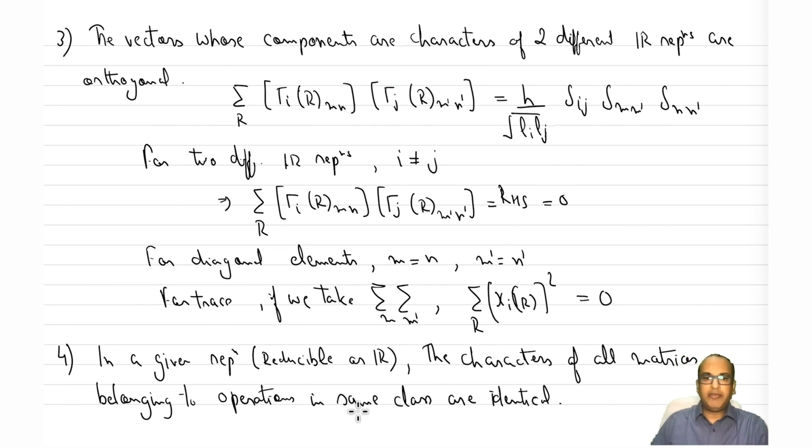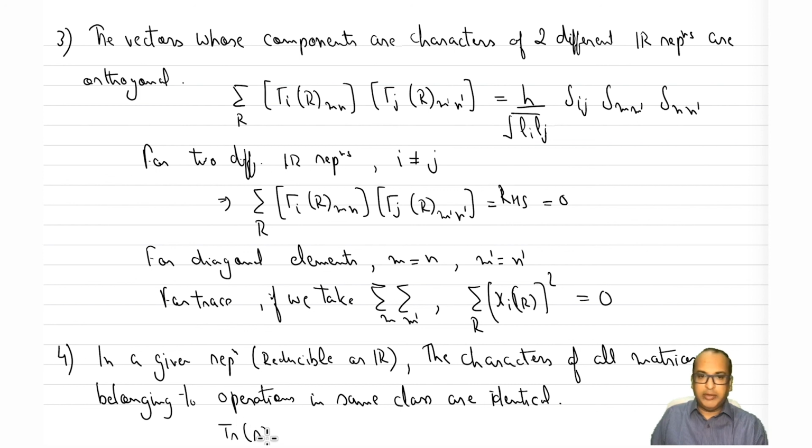class are identical. We have already seen that operations under the same class are related to each other by similarity transformation, and similarity transformation does not change the trace. So that means the character or the trace of the matrix will not change. So there is nothing to prove here. We have already shown this by showing that the trace of A is equal to the trace of A prime, where A prime is equal to, right, this we have shown.